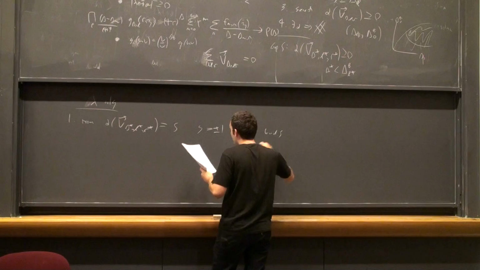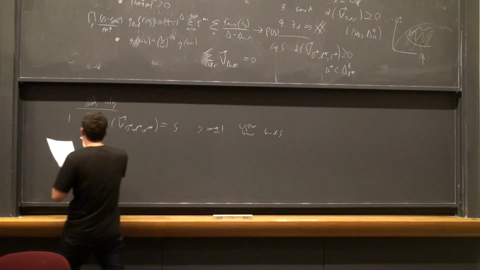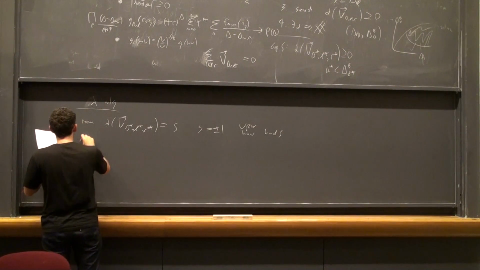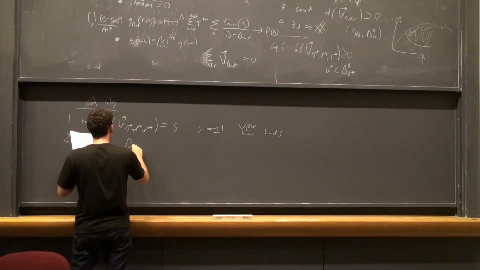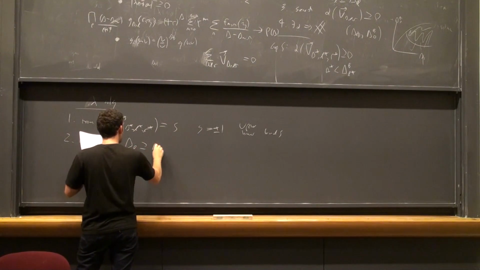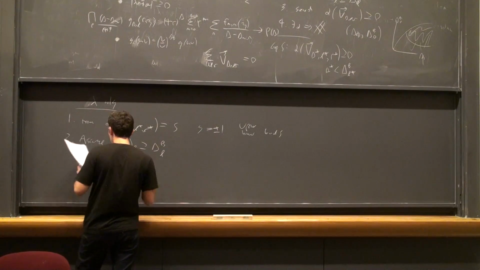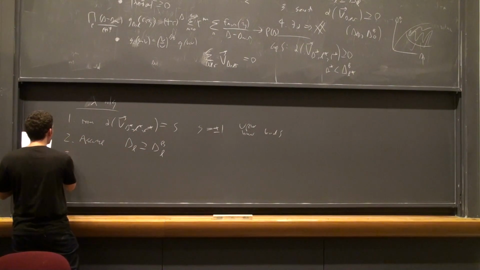You'll see in a moment why one gives upper, one gives lower. Step 2 is exactly the same as before. And so you just assume that the scaling dimensions with a given spin are greater than or equal to some set of bounds, except for the identity and the specific operator delta star.